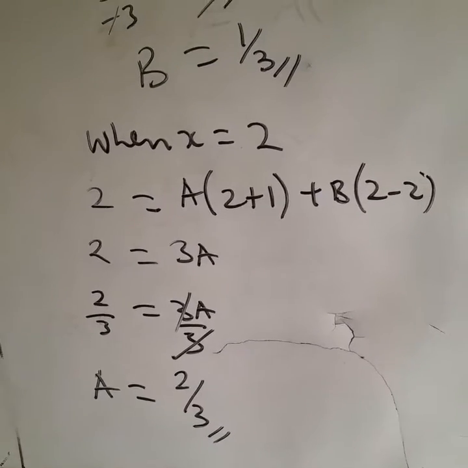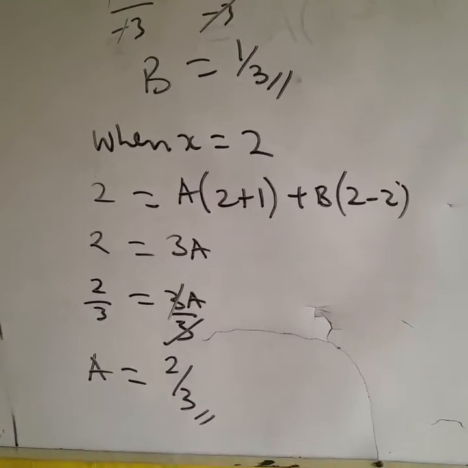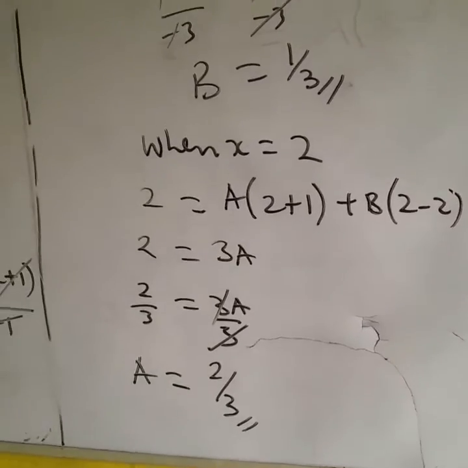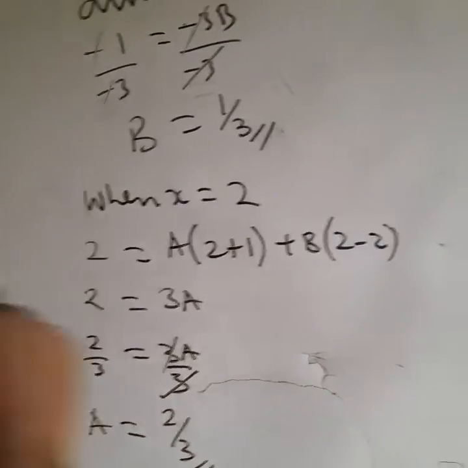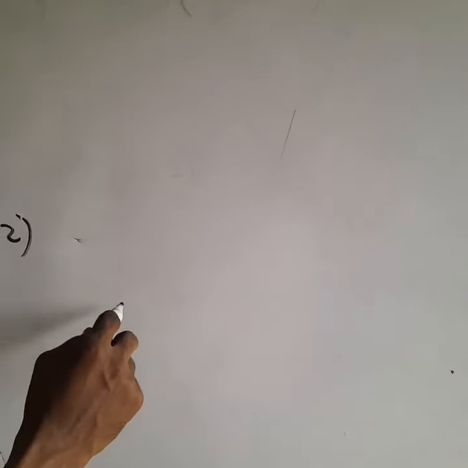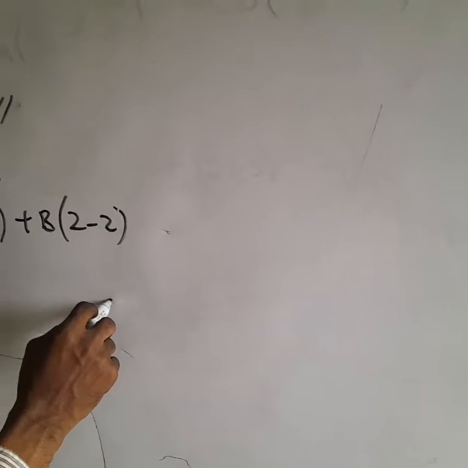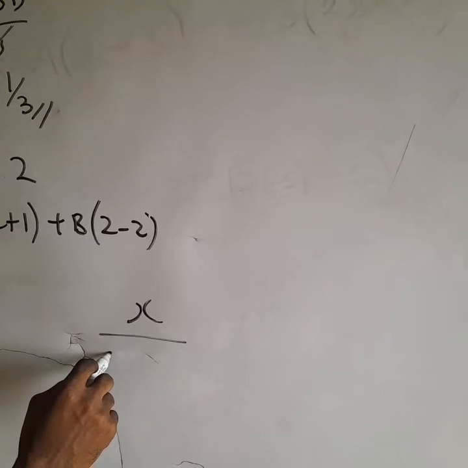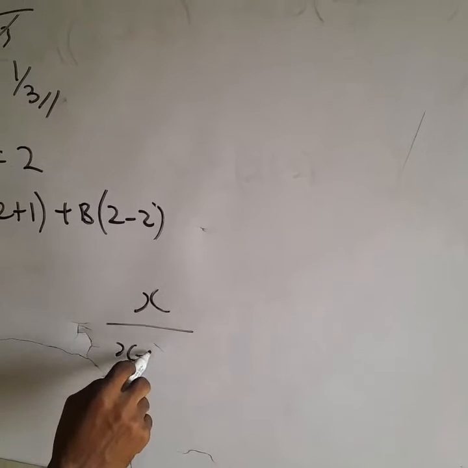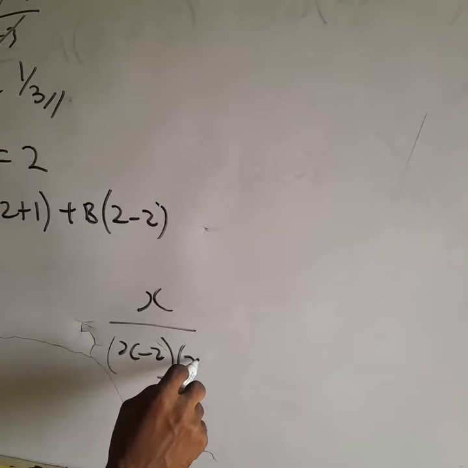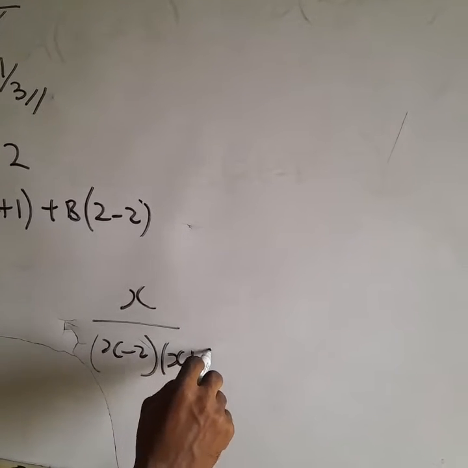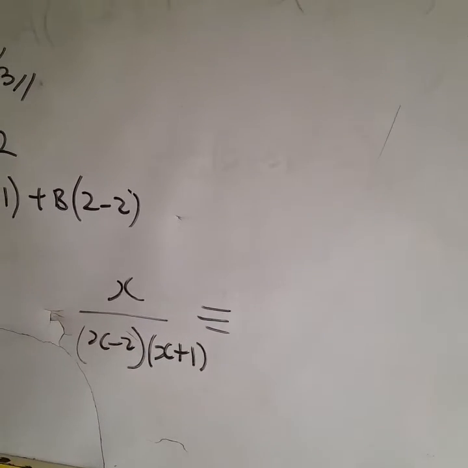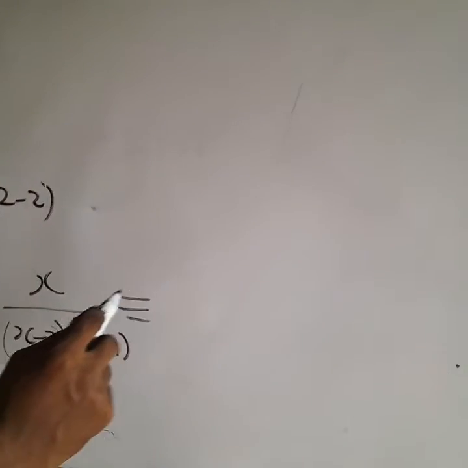Now we'll take it back to our equation. The fraction we resolve is this. Here we have x over x minus 2 into x plus 1, which is equivalent to, anywhere you see a, what do you put?